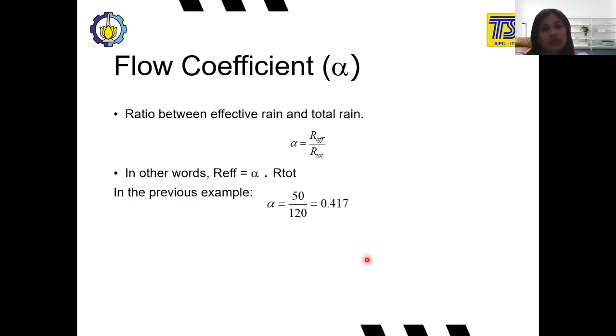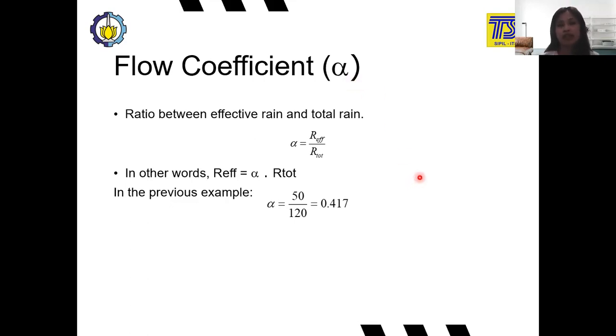So based on this equation, this flow coefficient will be less than 1, because the total rainfall, of course, will be bigger than the effective rainfall.